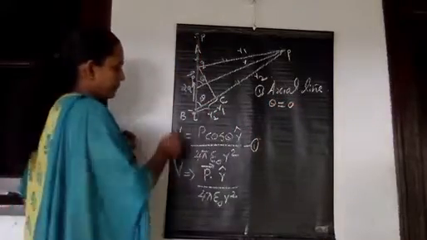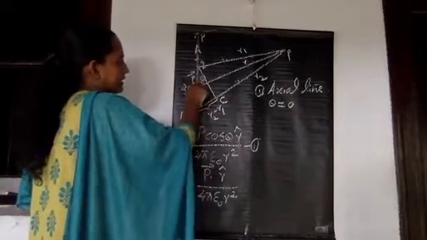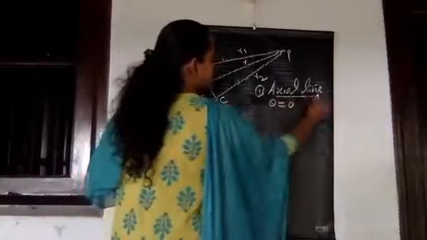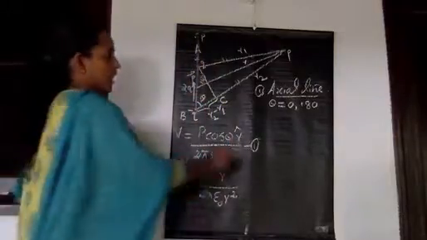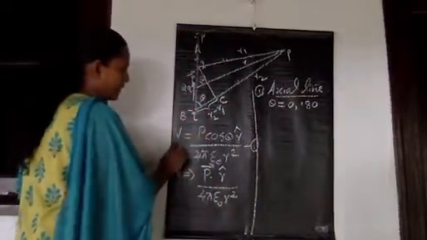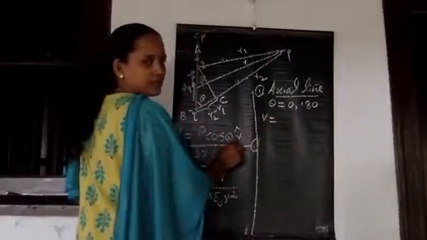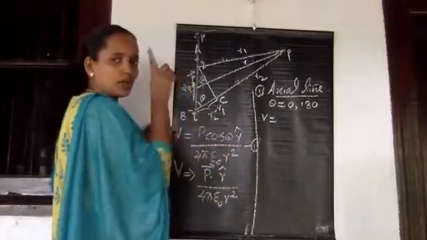Suppose you choose the point along this direction somewhere. Then the angle theta will be this much. In that case, axial line means theta becomes either 0 or 180. So how can you write the expression for the potential? V is equal to P cos theta into unit vector r. If theta equals 0, how much is cos 0? Cos 0 is 1.